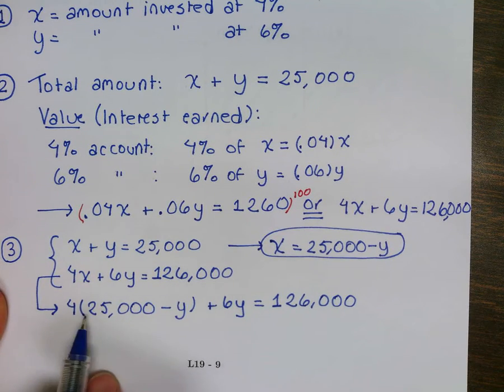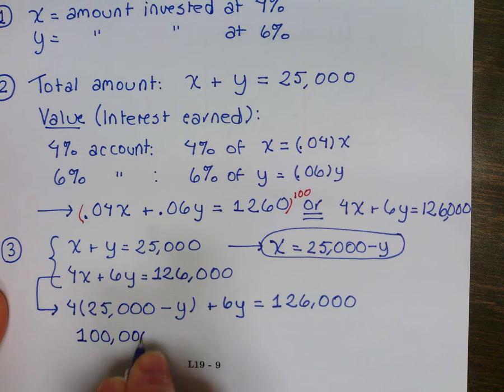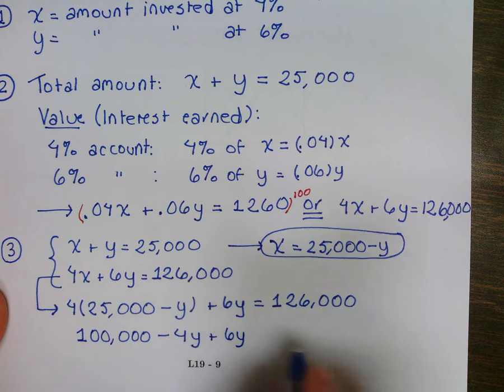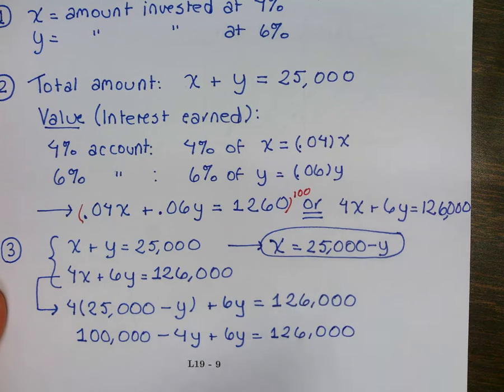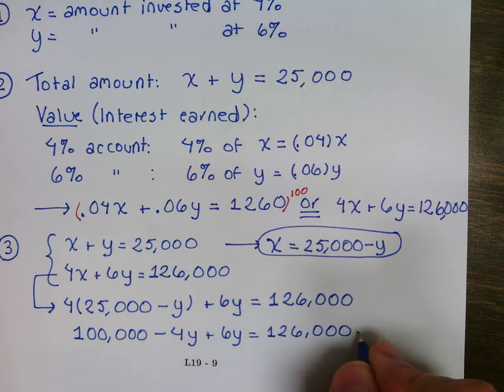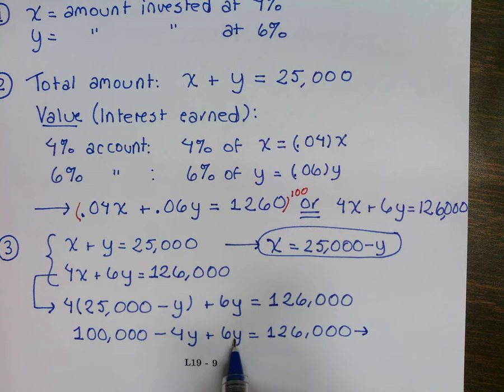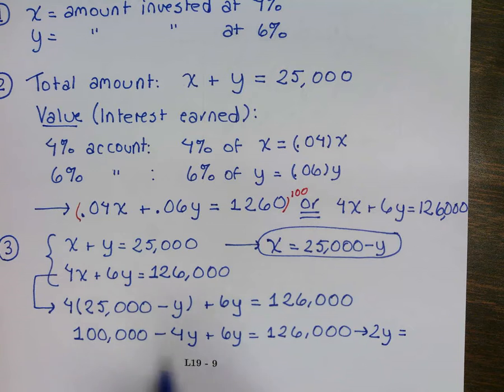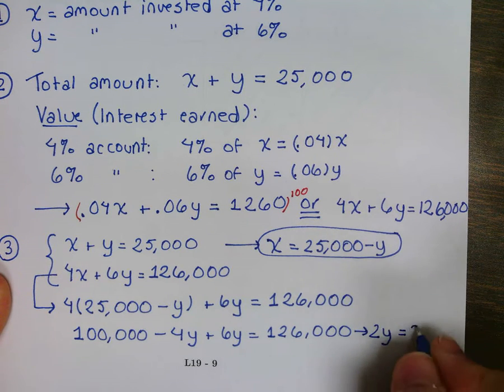And so what do I get? 4 times 25, that's 100,000, minus 4y plus 6y equals 126,000. All right, so combining those, that's going to be just 2y equals, bring that over to the other side, and you'll just get 26,000.